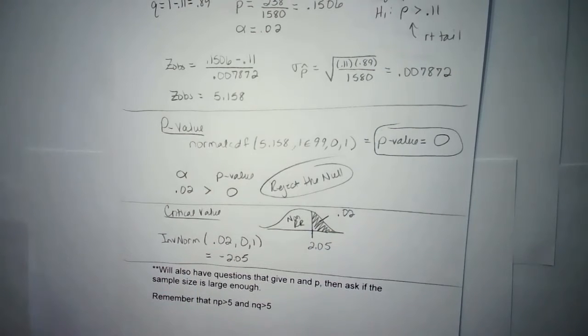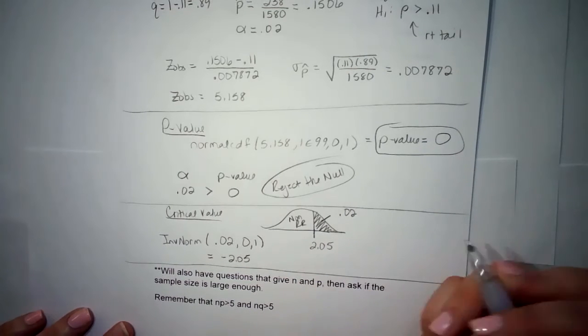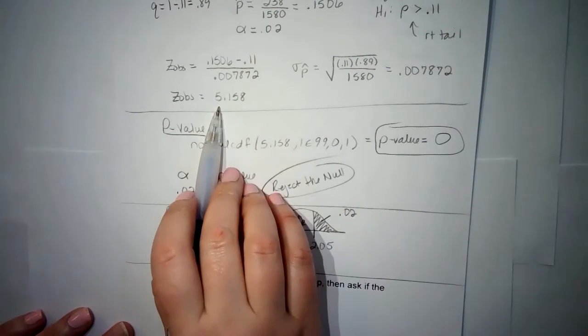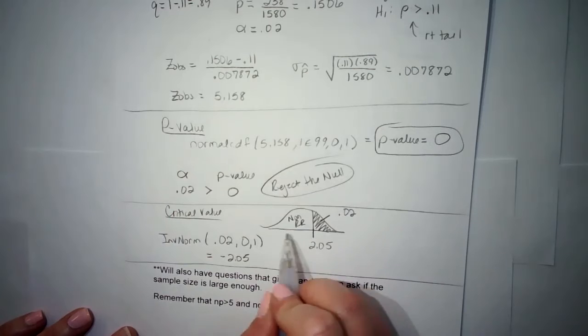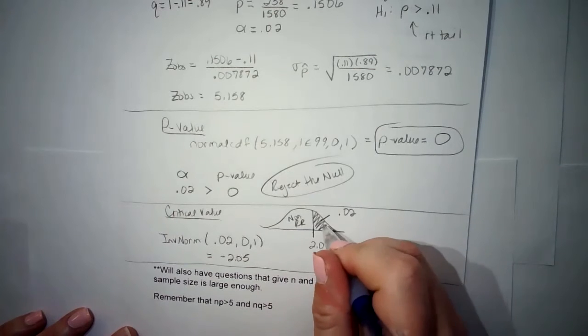So if you have a left-tailed test, your critical value better be negative. If it's not, make it that way. If you have a right-tailed test, your critical value better be positive. If it's not, make it that way. If you have a two-tailed test, you've got one of each, right? Okay, so here we go. And then I want to know, where is 5.158 in the scheme of things?